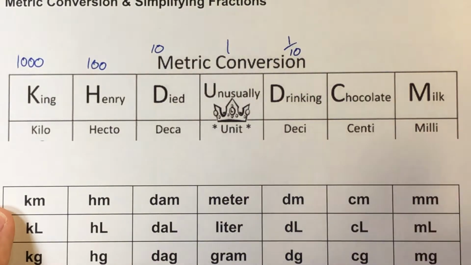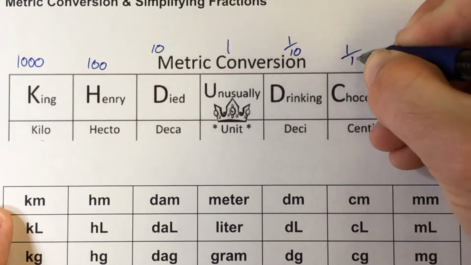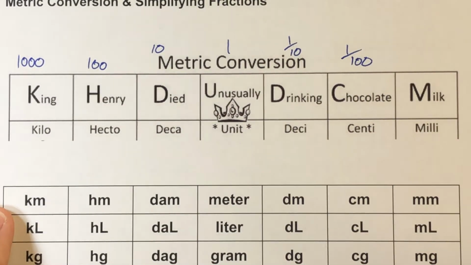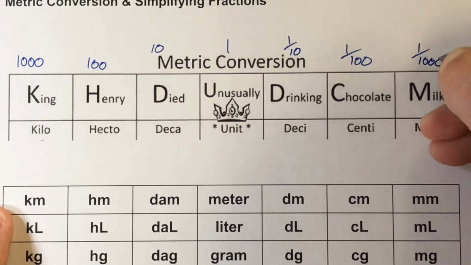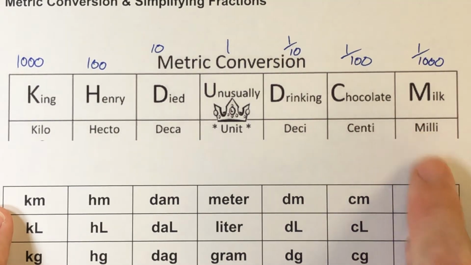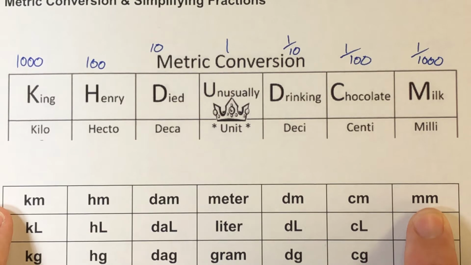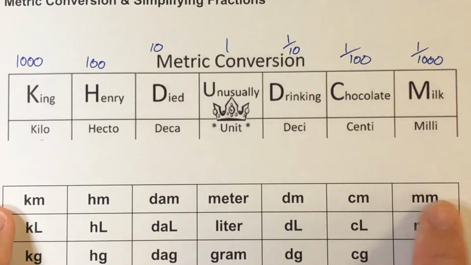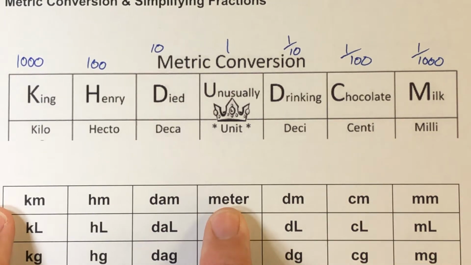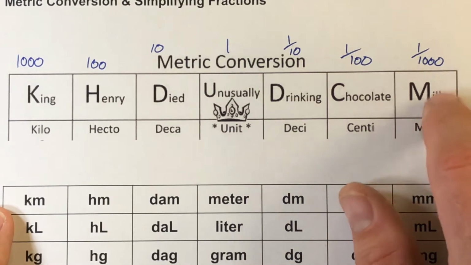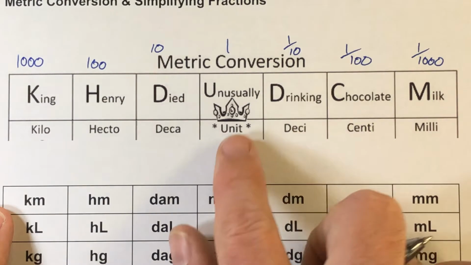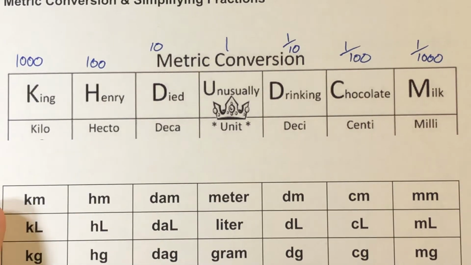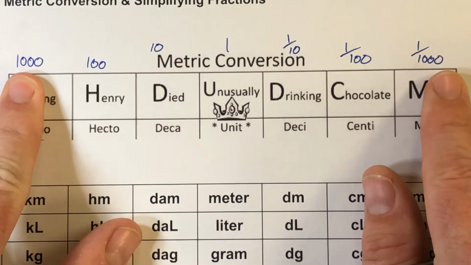C for centi, 1/100th, and M for milli would be 1/1000th. So for example, if I had a millimeter, it would take 1,000 of those to make up 1 meter. So milli means you have 1,000th of your standard measurement. So very small, very large.